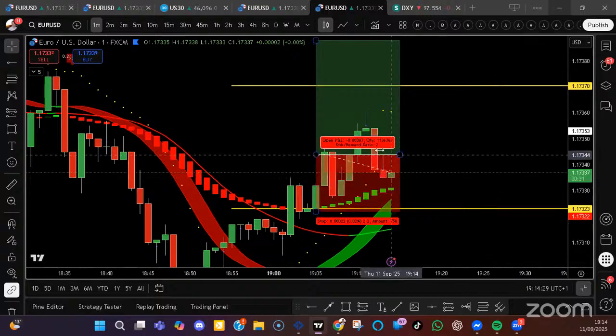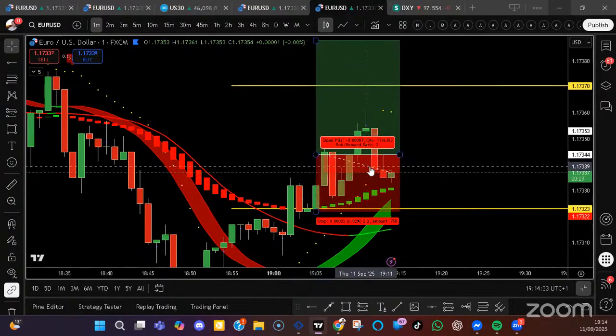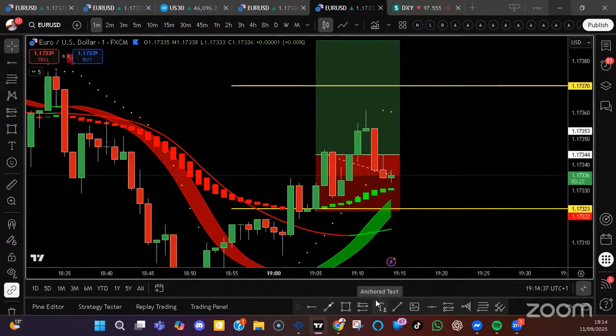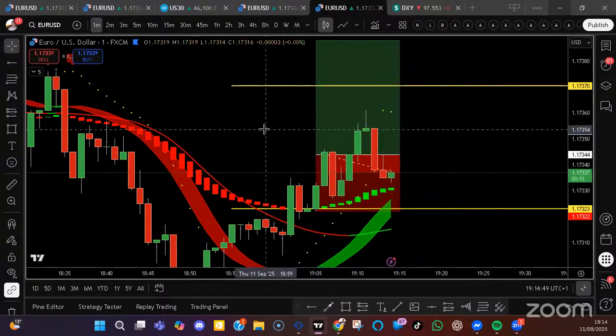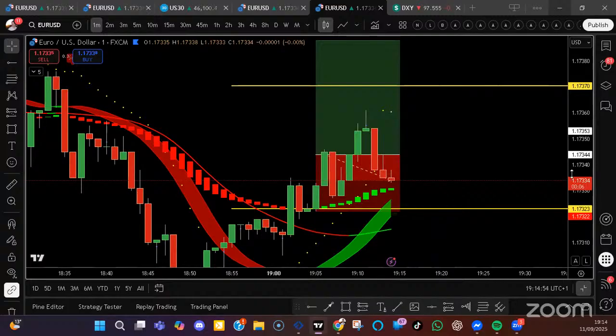Not interested in the US 100, also known as the NAS100, because it's the highest it's ever been today at 3 o'clock. So I'm not interested in a buy, and yet the buy zone is just underneath. So if I was to take a sell, I'll be going straight into the buy zone.